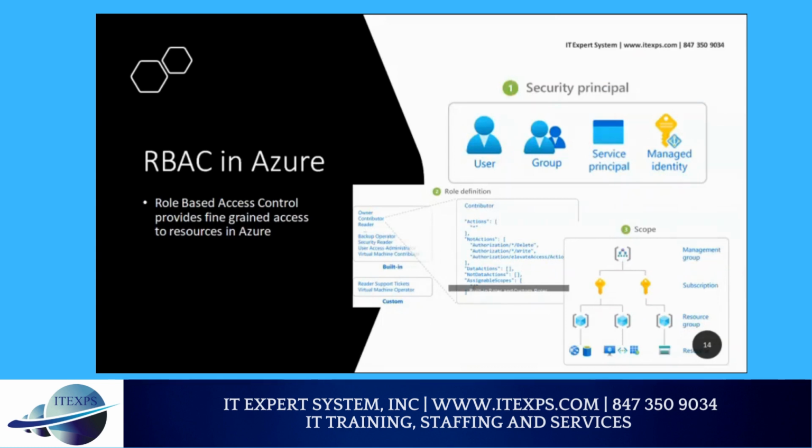So in order for someone to access a certain resource, they need roles and permissions enabled for them, which is called RBAC. RBAC stands for role-based access control. Azure follows the RBAC mechanism in order to verify access to a resource for an authenticated user.